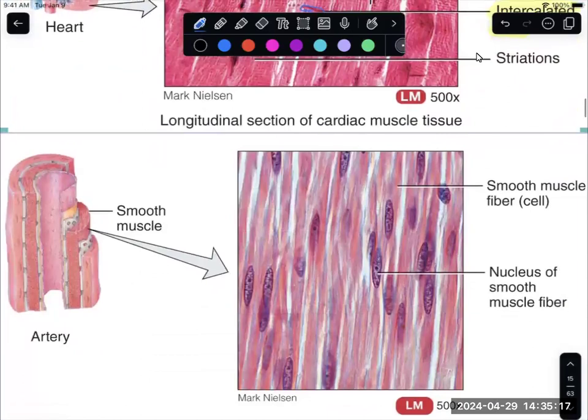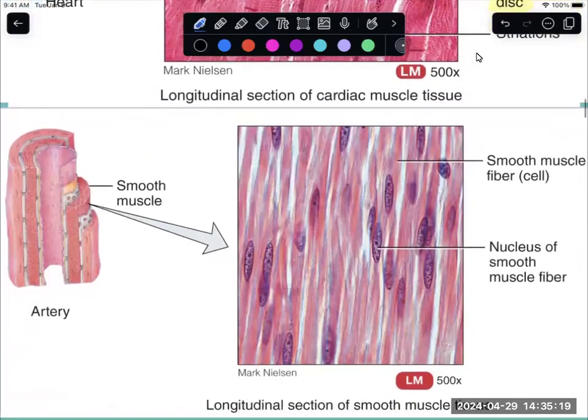Then the one that people like to confuse with dense regular connective tissue. This is actually smooth muscle. What makes smooth muscle different? Remember dense regular connective tissue, with lots of long fibers that travel the entire length? Smooth muscle cells are this really badly drawn fusiform shape. They'll have a nucleus in the middle.